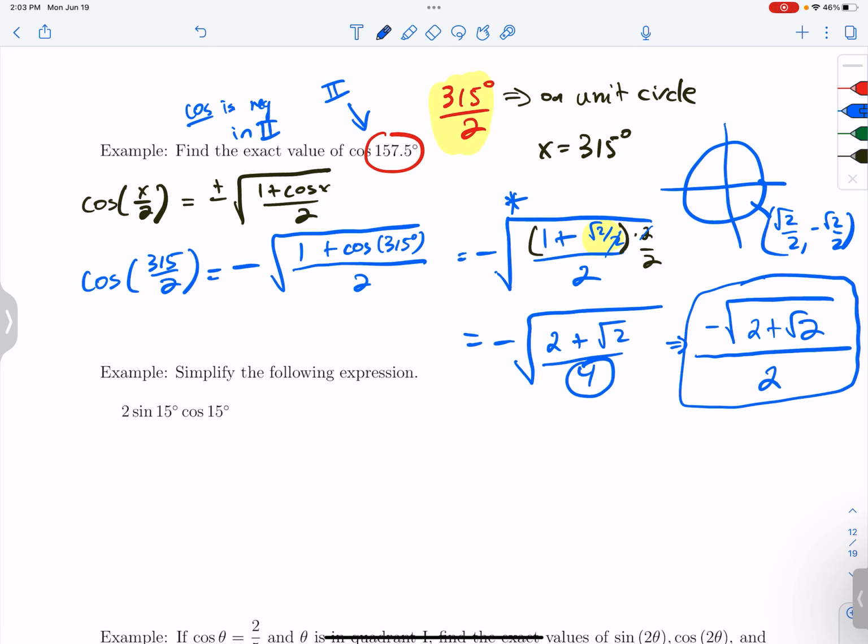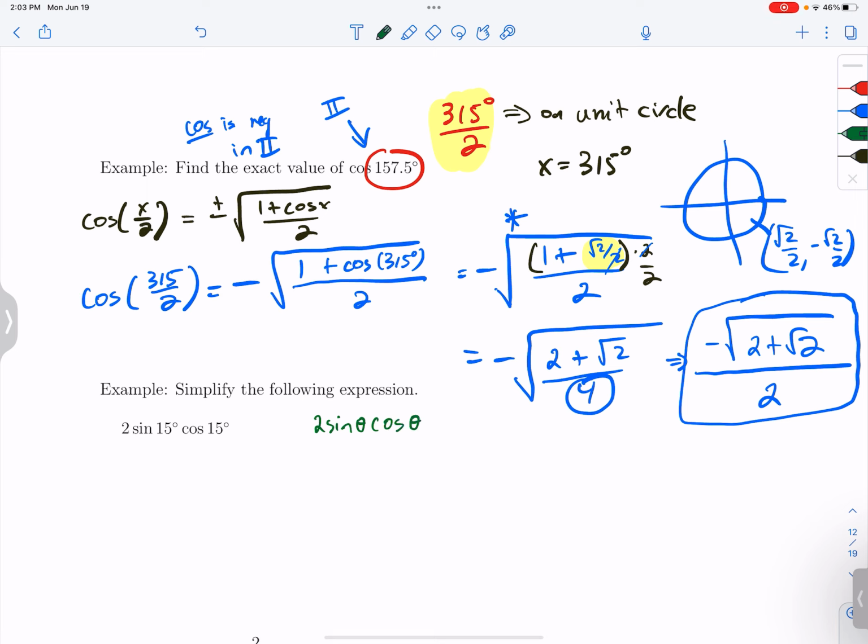This first one says simplify the following expression: 2 sine of 15 degrees, cosine of 15 degrees. So here it's kind of like we're using the double angle formula for sine. We're saying that theta is equal to 15 degrees here.